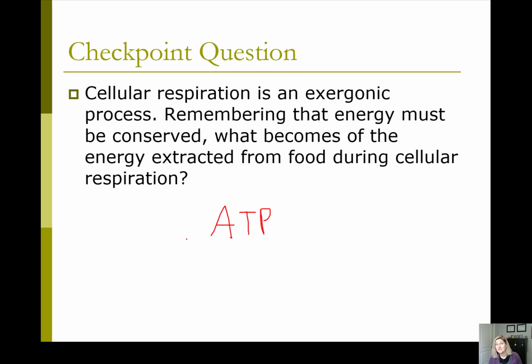But during that process, because of the second law of thermodynamics, it's not going to be a 100% conversion. So in addition to producing ATP, we have heat that is lost. Okay, so that energy that is extracted from the food becomes ATP, and it produces a little bit of heat as well.